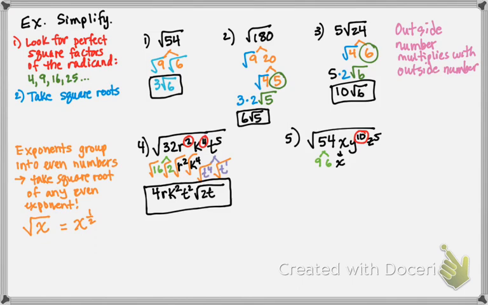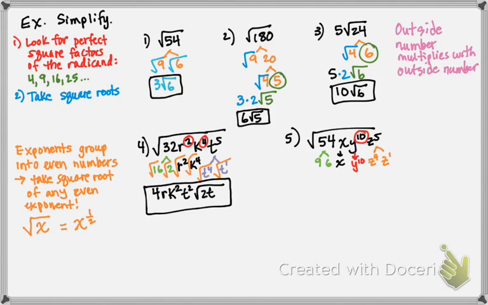So I will be able to take the square root of him. Now, z to the fifth has the same problem that t to the fifth had, that we're going to need to split that into a leftover z, and then that's going to give me z to the 4. So remember, those two exponents have to add up to be 5.